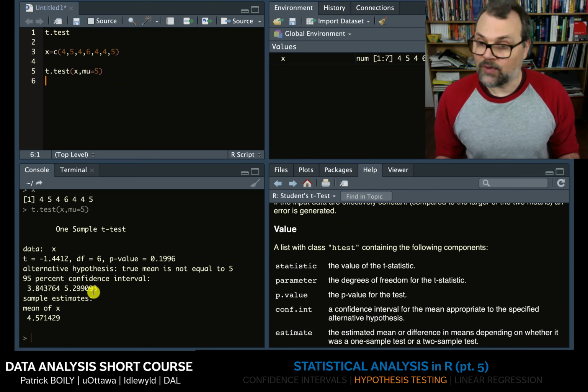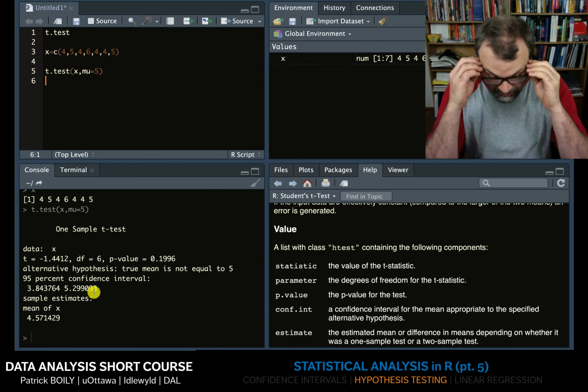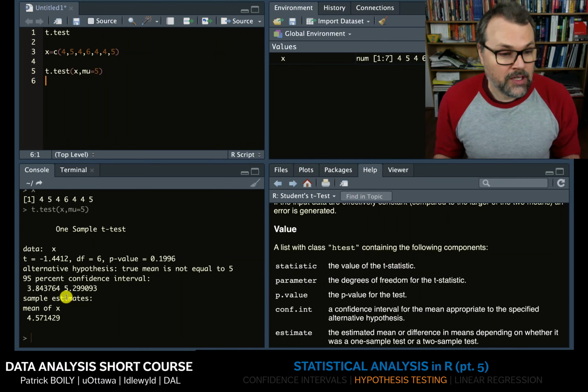5.299093. Now what this is saying in many ways is that you can't reject the null hypothesis. It's conceivable, at least at the 5% confidence level, that the true mean is 5, because 5 lies in my 95% confidence interval.